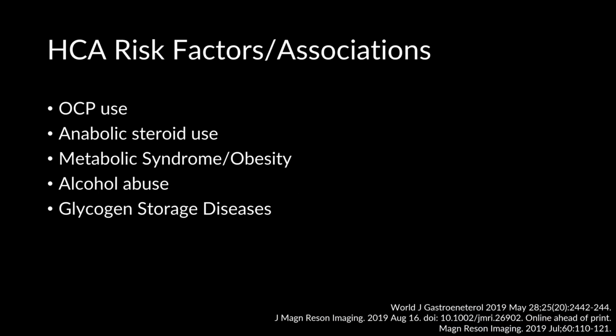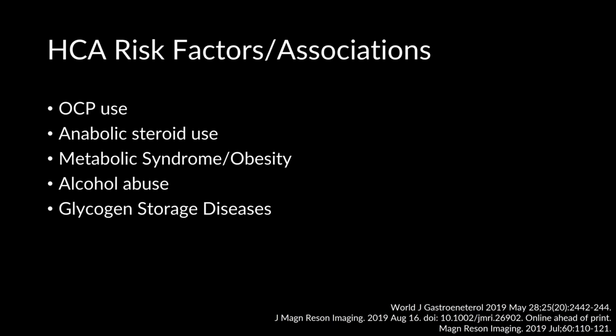So the main risk factors or associations are, as we have talked about and we'll keep talking about, oral contraceptive use, and anabolic steroid use, metabolic syndrome or obesity, alcohol abuse, and glycogen storage disease, specifically type 1 and type 3.